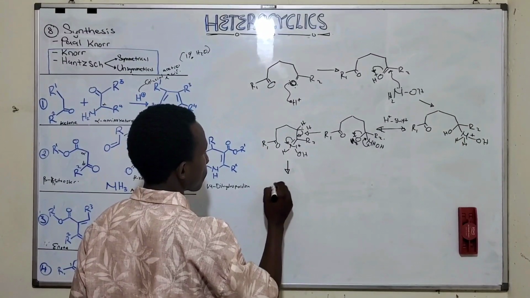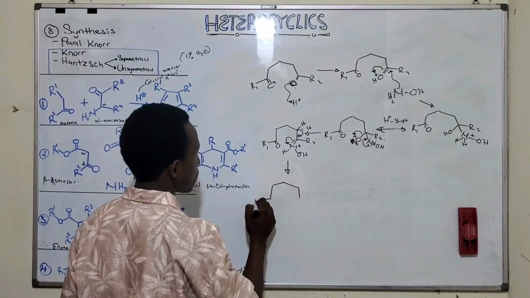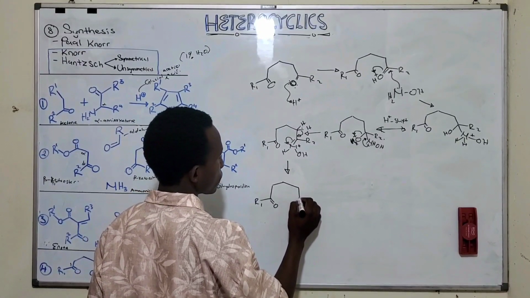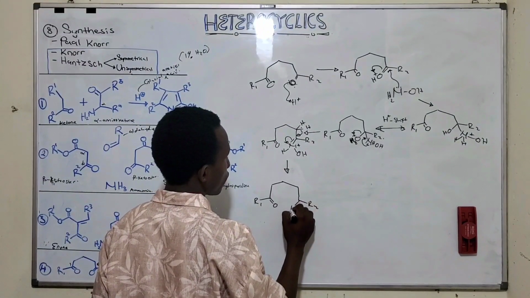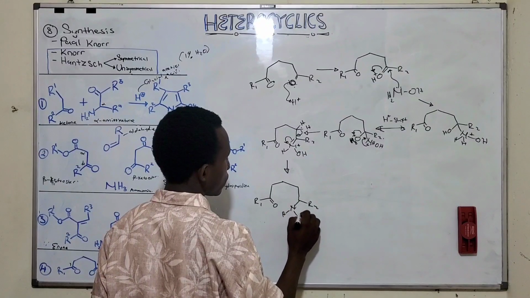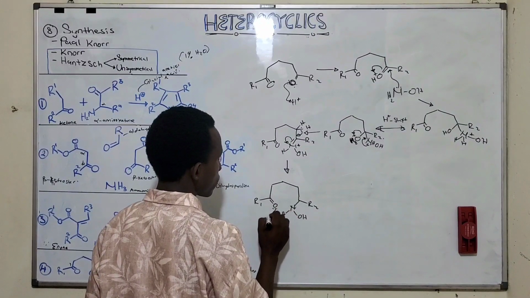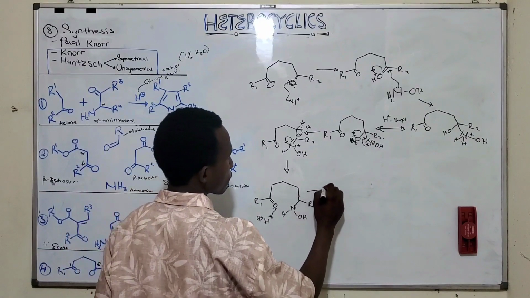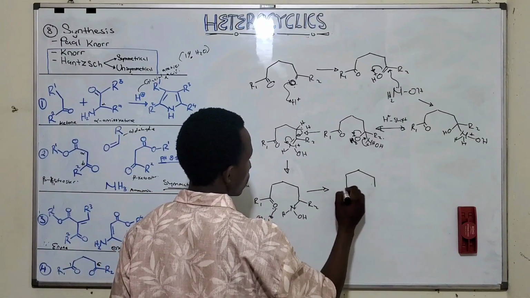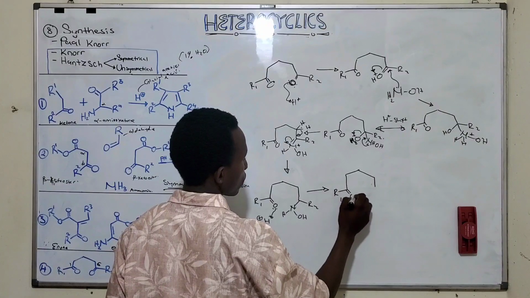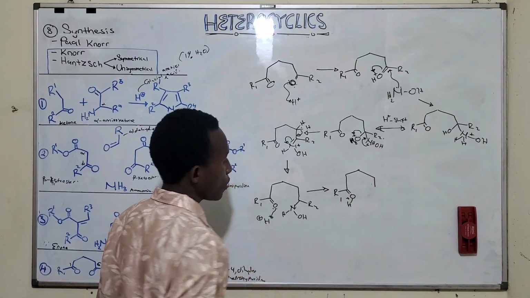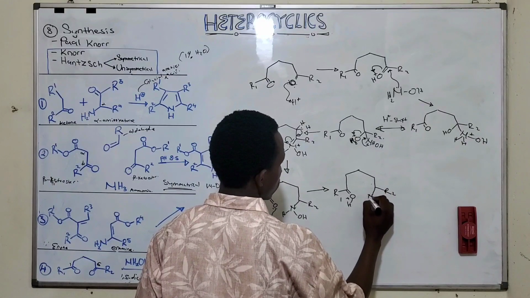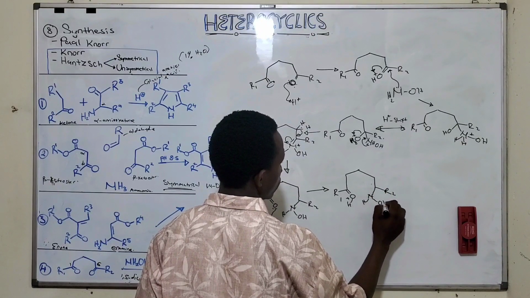So we have R1 or R2, we have N, H, and OH. So this one attacks a proton. So it attacks a proton, shall form this R1 or H. It's now plus with R2, N, H, OH.